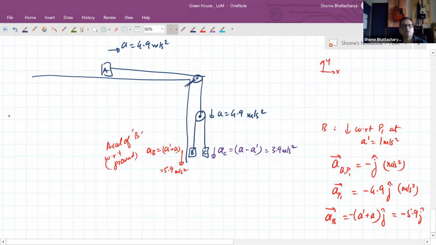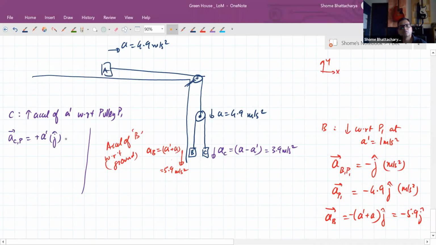So similarly, what is happening to the block C? The block C has an upward acceleration of A prime with respect to the pulley P1. So the acceleration of C with respect to the pulley is plus A prime j cap, or plus j cap, because A prime is 1. Whereas the acceleration of the pulley itself is minus A j cap, or minus 4.9 j cap.